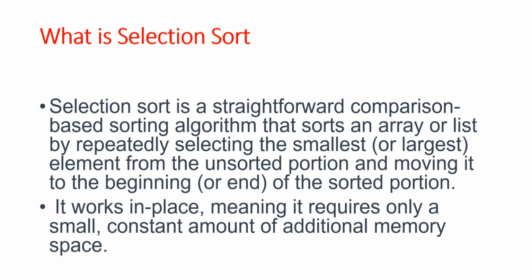Selection sort is a straightforward comparison based sorting algorithm that sorts an array or list by repeatedly selecting the smallest or largest element from the unsorted portion and moving it to the beginning or end of the sorted portion.